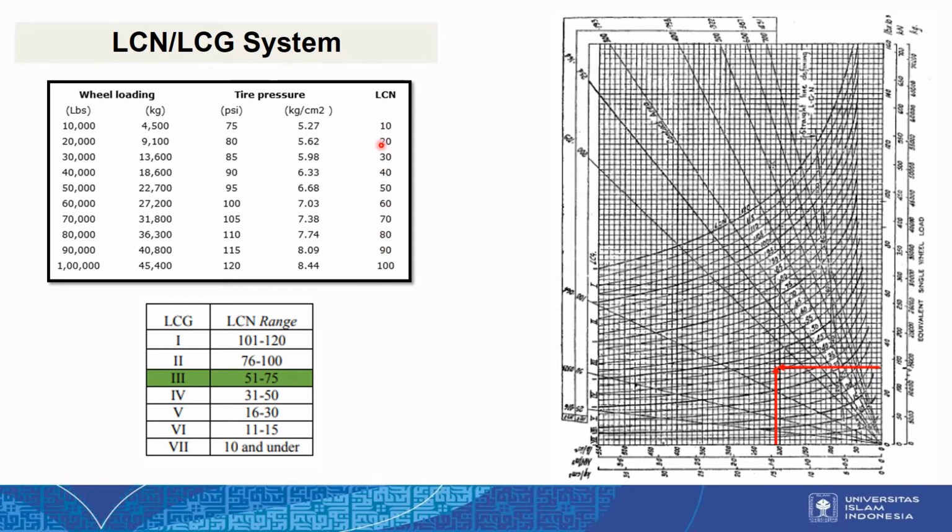The LCN number is based on the wheel loading, like I said before, from wheel loading and the tire pressure. This is in pounds and this is in kilograms, and this is the tire pressure. So basically this table is from these charts here.